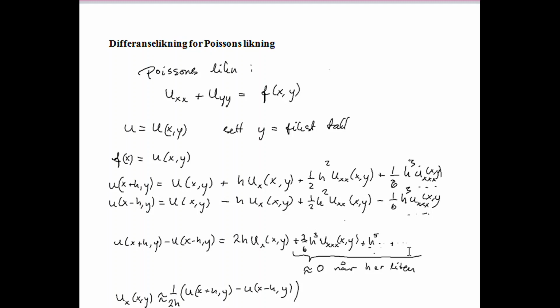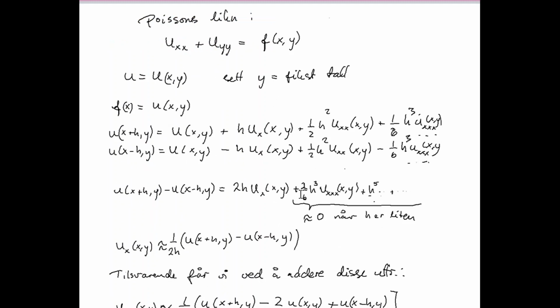And these terms are approximately equal to 0 when h is small, because, for example, h to the power of 3 is a very small value when h is a small value. So compared with this, it's almost like nothing. Therefore, we can make this approximation.